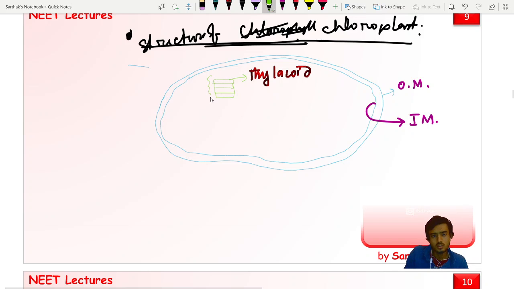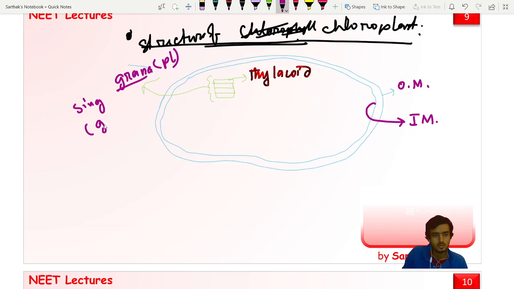and this whole unit, the whole bundle of thylakoids, is known as grana. We have to remember that grana is a plural form, and in singular it is known as granum.